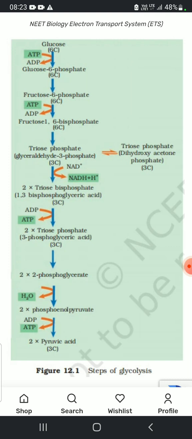So 3 twos are 6, plus 4 ATPs, so 10 ATPs, and 2 are utilized above. So net ATP synthesis is 8. If it is asked how much ATP is synthesized, then the answer is 4, and 2 ATP utilized.